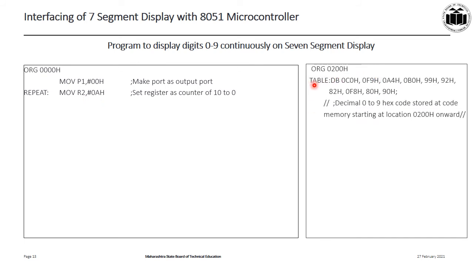We have used here a string, a lookup table with assembler directive DB, and the hex codes from 0 to 9 have been stored at location 00H onwards.